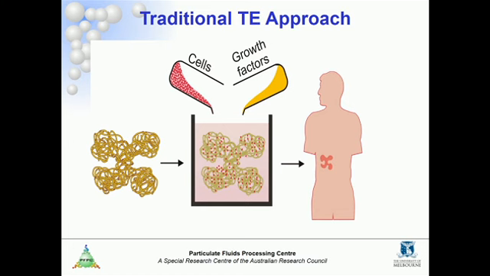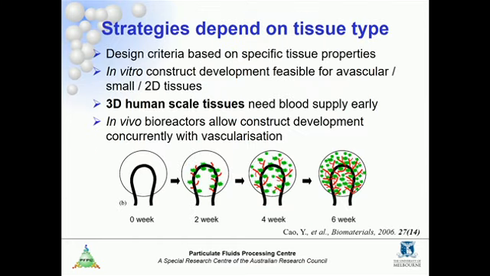And one of the key things we're missing here is that blood supply. So I'm sure you're aware that your cells in general need nutrients and they need oxygen supply. So in this situation, there's no allowance for providing that oxygen supply to the cells once they're implanted in the body. So that's a big reason for failure of tissue engineering attempts early on.